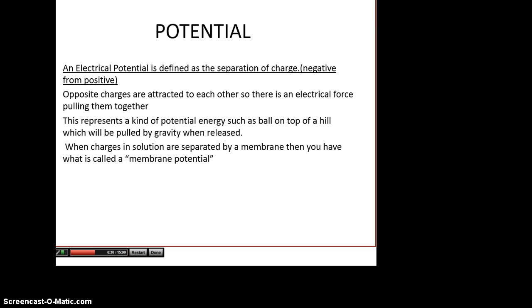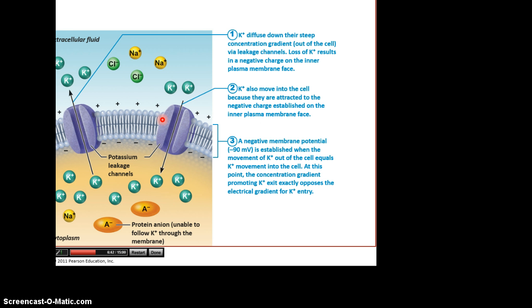So whenever you have charges that are separated, we call this an electrical potential. In the case of your cells, the anions can still feel the pull from the potassium, and the potassium can still feel the pull from the anions.